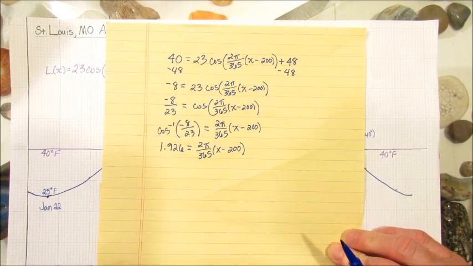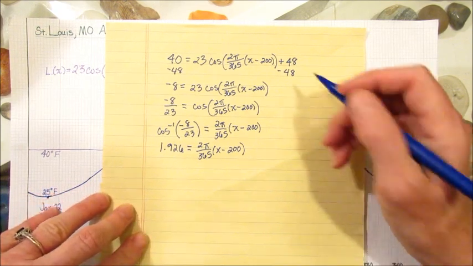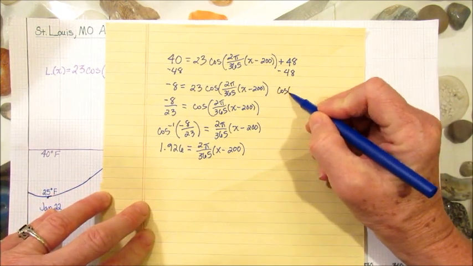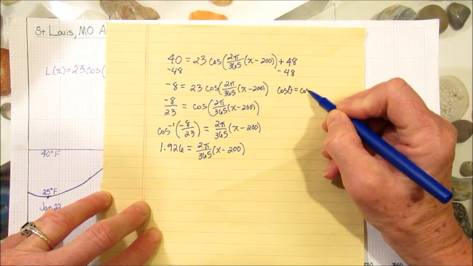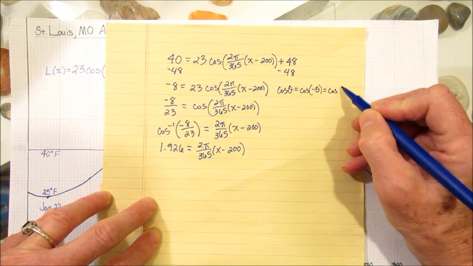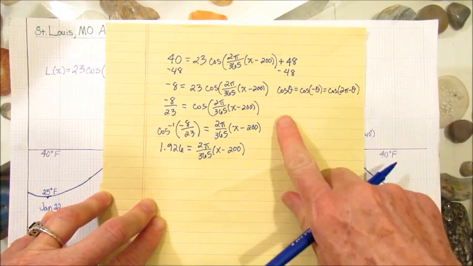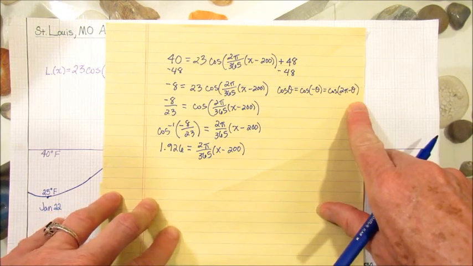But we saw that there was a second solution. So remember with cosine, cosine of theta equals cosine of negative theta equals cosine of 2 pi minus theta. All of those are going to give us the same value.